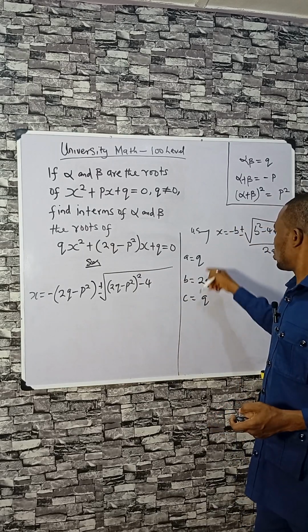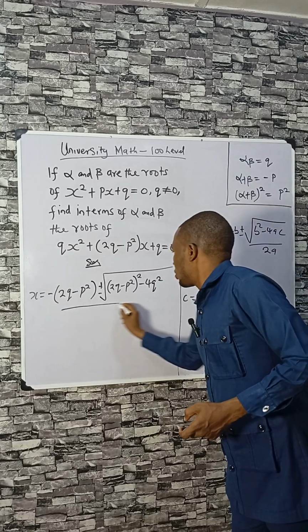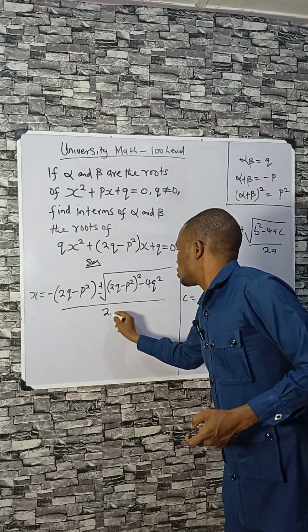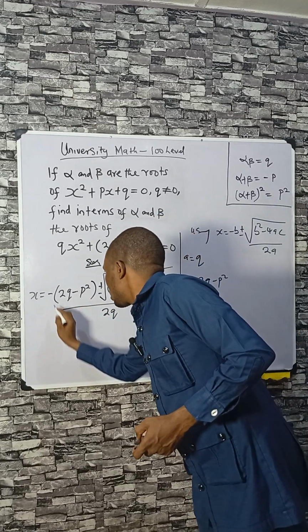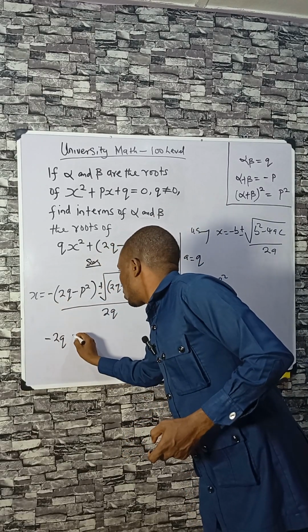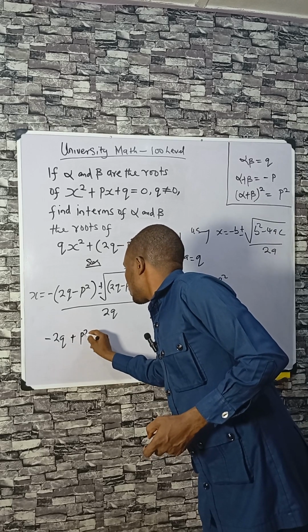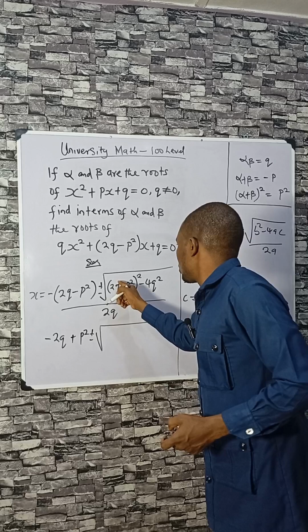A is q, c is the same thing as q, so 4q squared, all divided by 2a, which is 2q. Now looking at this, we can clear this bracket to be minus 2q plus p squared, plus or minus square root of, we need to expand this.